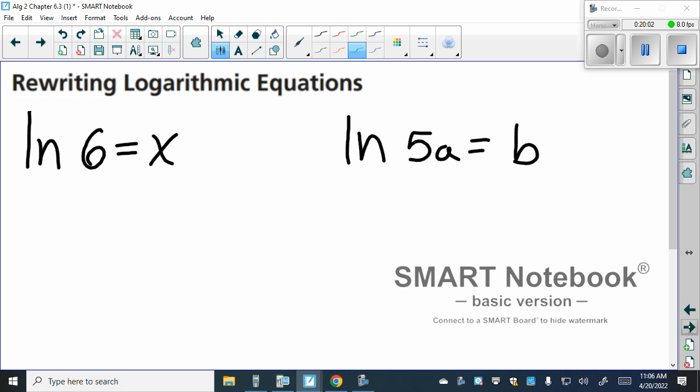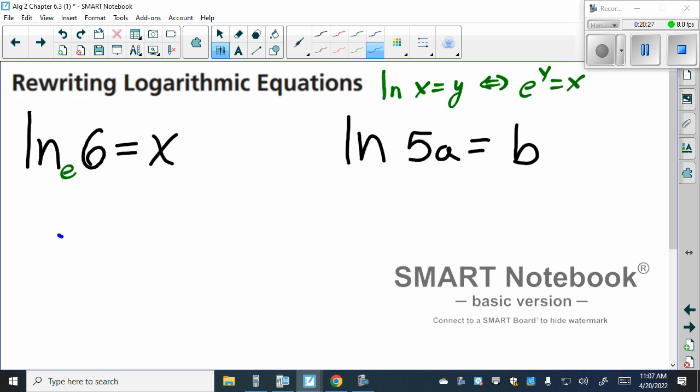All right, we're going to rewrite these natural logs as exponentials. So we're taking ln of x equals y to e to the y is equal to x. Here again, we have this understood e as the base. So how would I rewrite the natural log of 6 equals x?